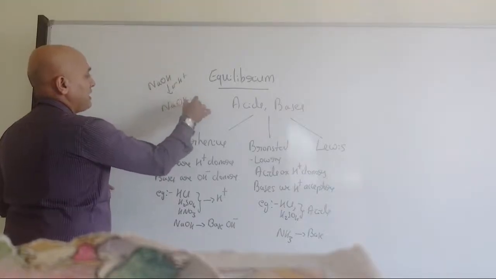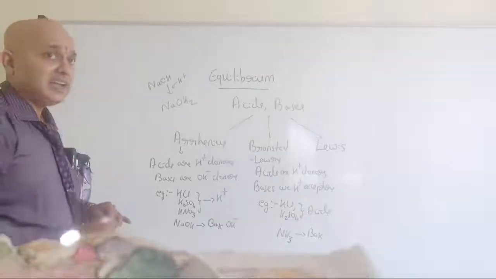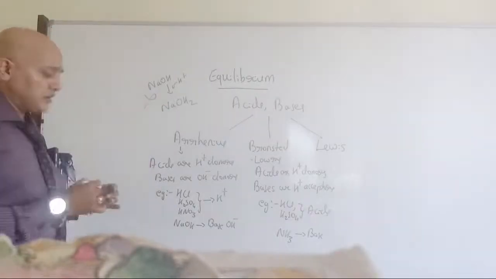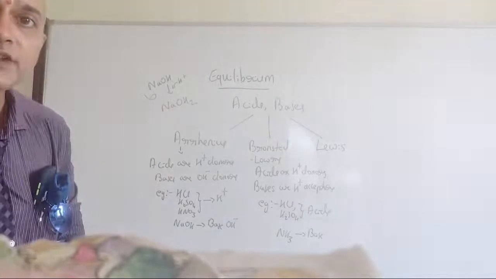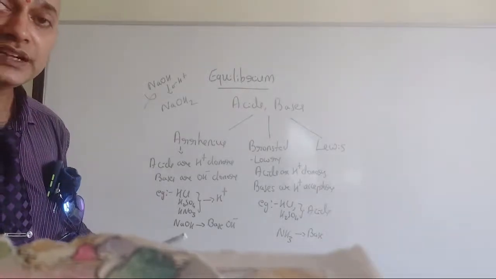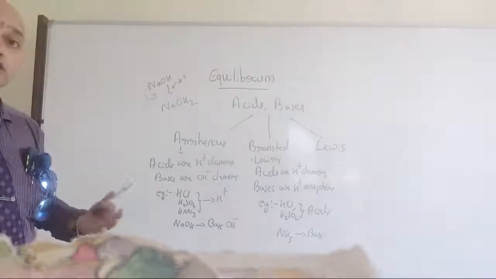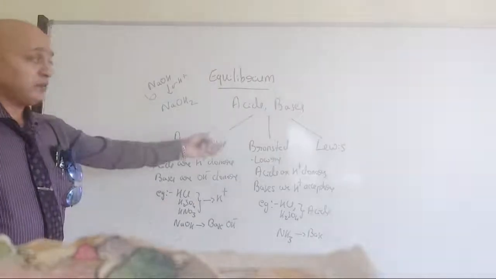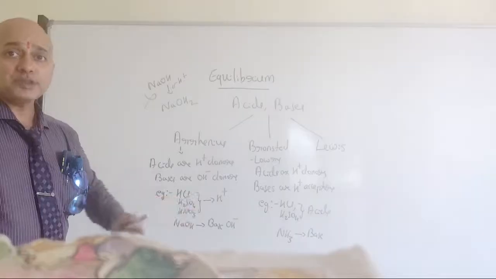It will not become NaOH2. Right? As a molecule, it is not possible for sodium hydroxide to take up the H plus. But still, it is known that sodium hydroxide is a strong base.